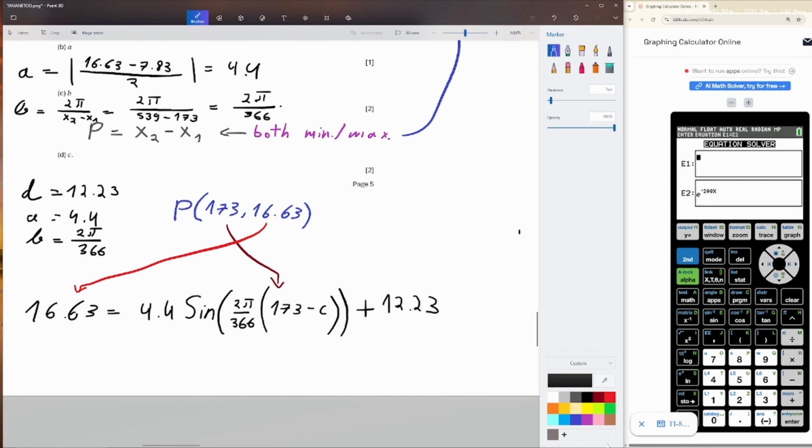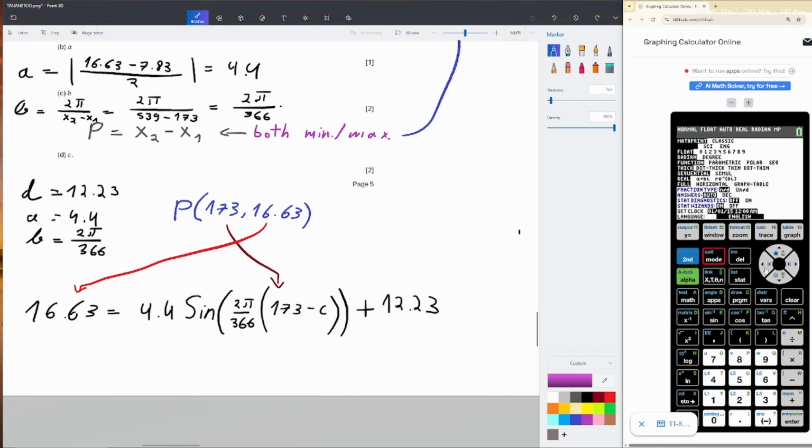A lot of you make a big mistake when putting data in. You see that we have 2π. 2π means that it's in radian mode. So always when you do calculations with radians or degrees, check, okay, now we're in radian mode, we are safe.